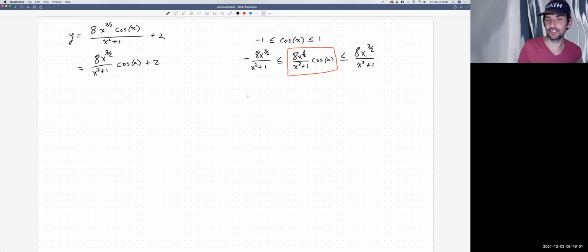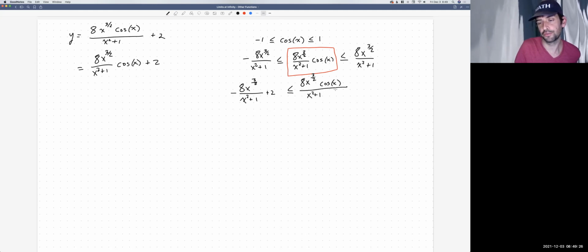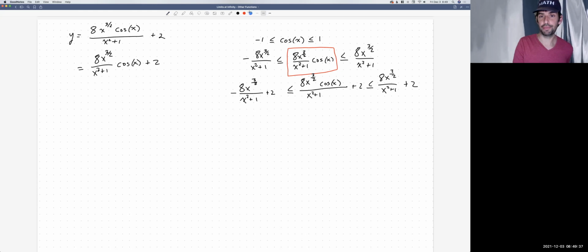So let's finish off by adding 2 to everything, and we get negative 8x to the 3/2 over x squared plus 1 plus 2 is less than or equal to 8x to the 3/2 cosine of x over x squared plus 1 plus 2, which is less than or equal to 8x to the 3/2 over x squared plus 1 plus 2. So now I've got my original function pinned in between these two other functions.